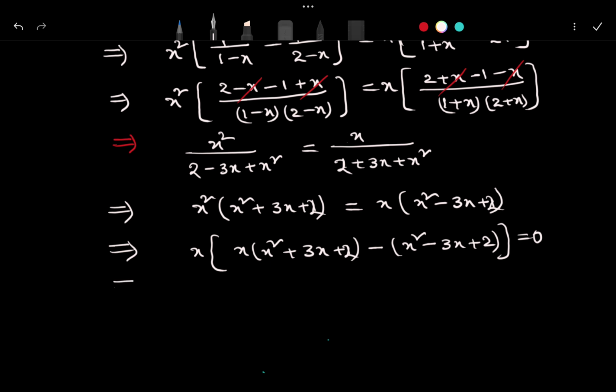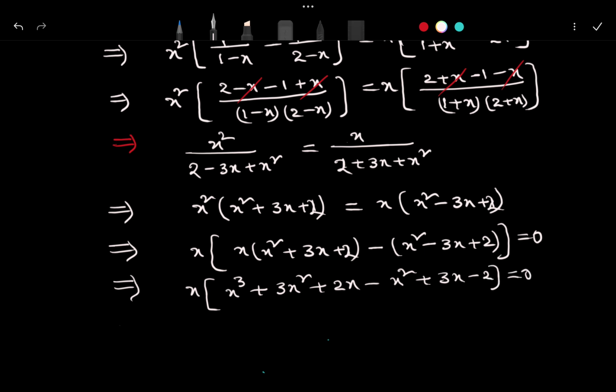Now here you take x as common: x into x cube plus 3x square plus 2x minus x square plus 3x minus 2 is equal to 0.